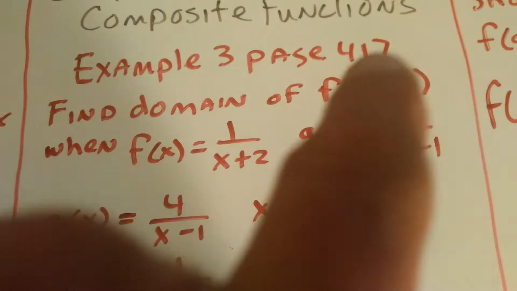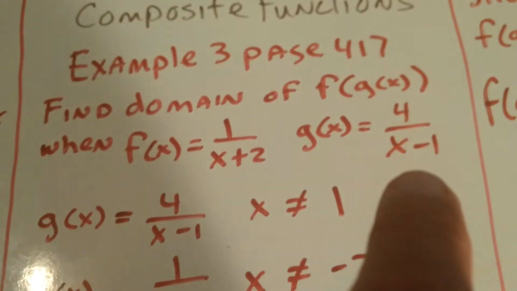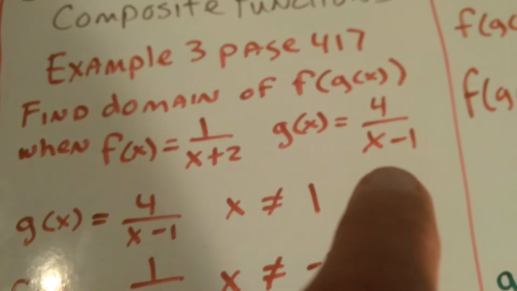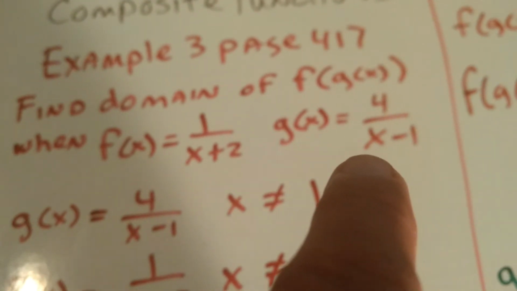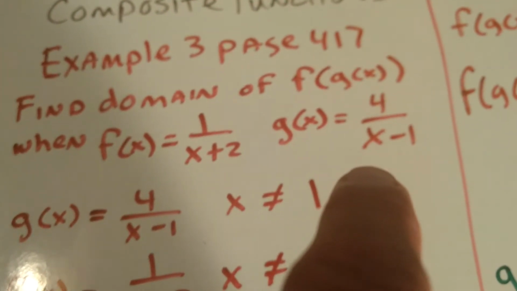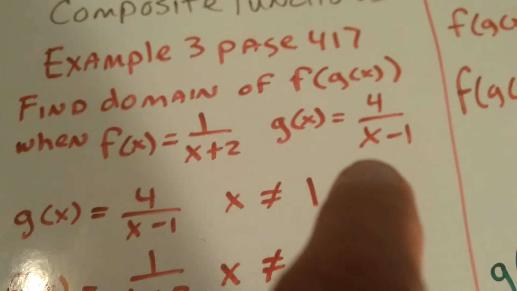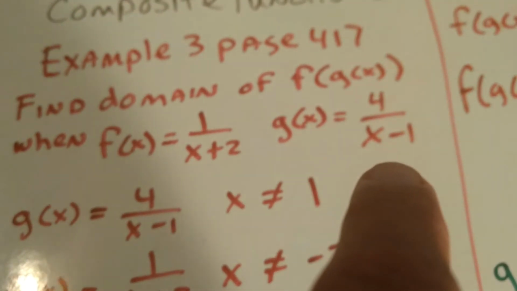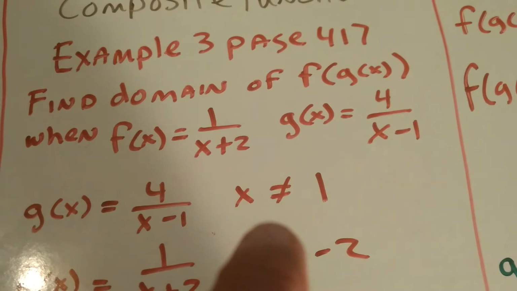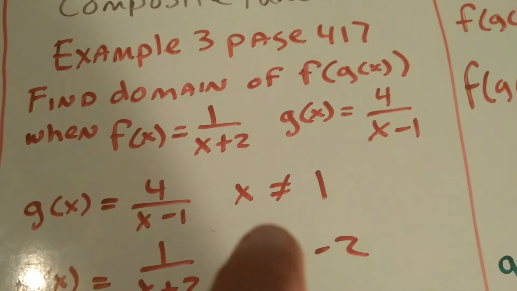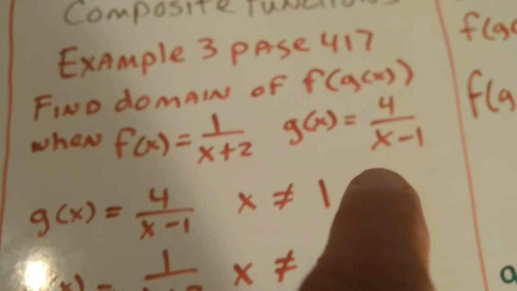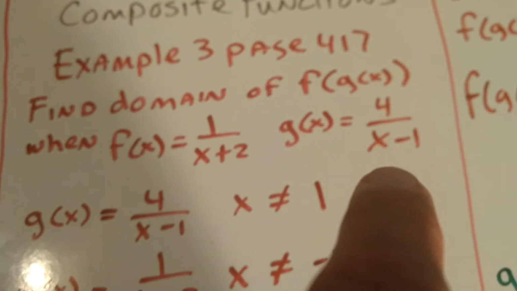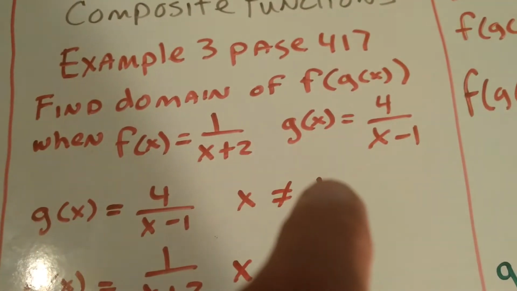So the one thing we can't have is g undefined. Based on what we've learned before, g has a denominator. If x were 1, that would make 0 on the bottom, which would make it undefined. So we know right away that x cannot be 1, because if we substitute it in g, it would be a 0 on the bottom, and we couldn't even solve this.